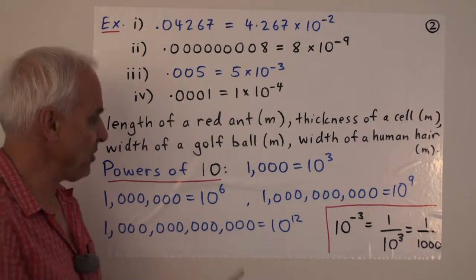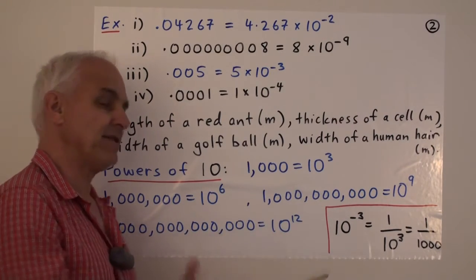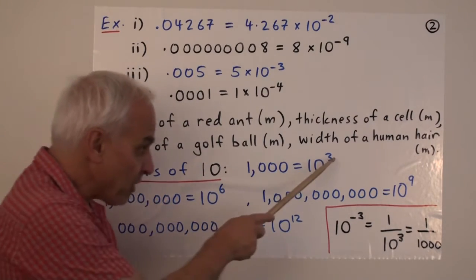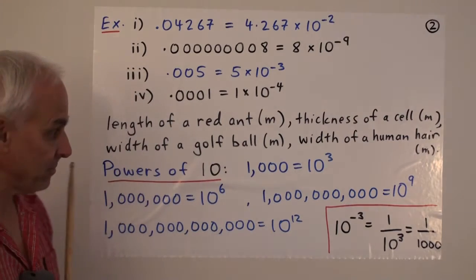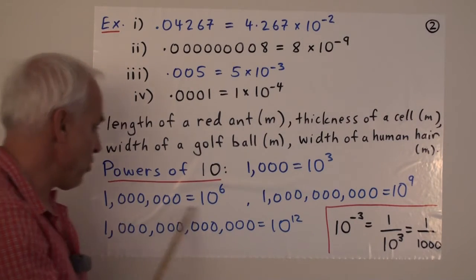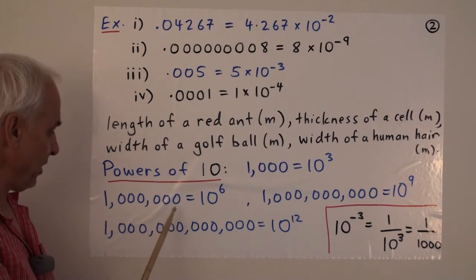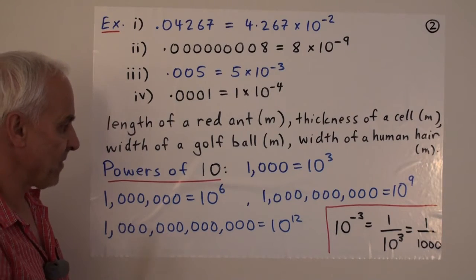So let me just remind you that 1,000 is 10 cubed. And that means 10 times 10 times 10. And that the 3 here corresponds to the number of zeros there. And I hope you all remember that 1 million is 10 to the 6. There's a million with 6 zeros, represented by 10 to the 6.